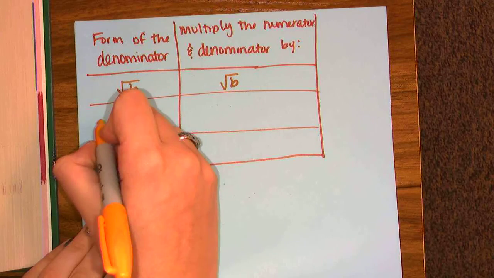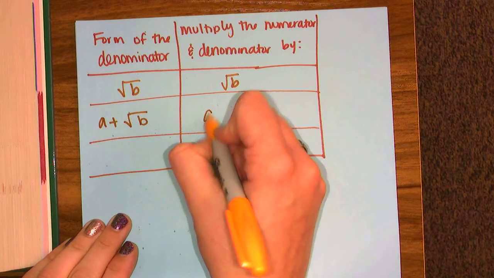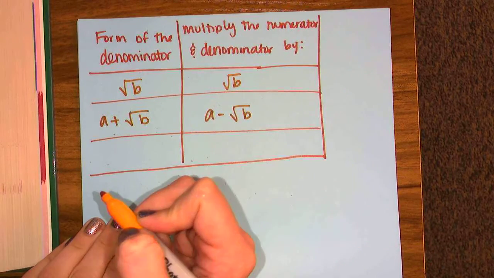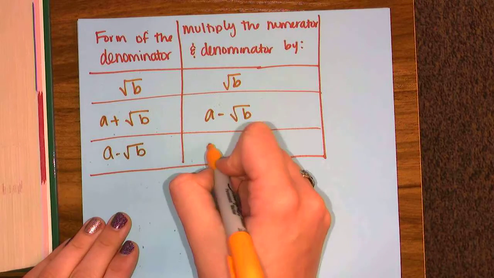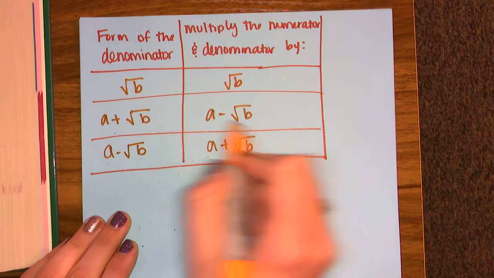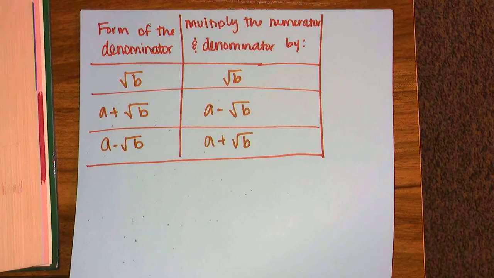If we had a plus the square root of b, we would multiply by a minus the square root of b. Okay, I'll show you why in just a minute. If I had a minus the square root of b, I would multiply by a plus the square root of b. So whatever sign's over here, you multiply it by the opposite one there. Okay, and I'll show you why in just a second. But just a little definition here for you.